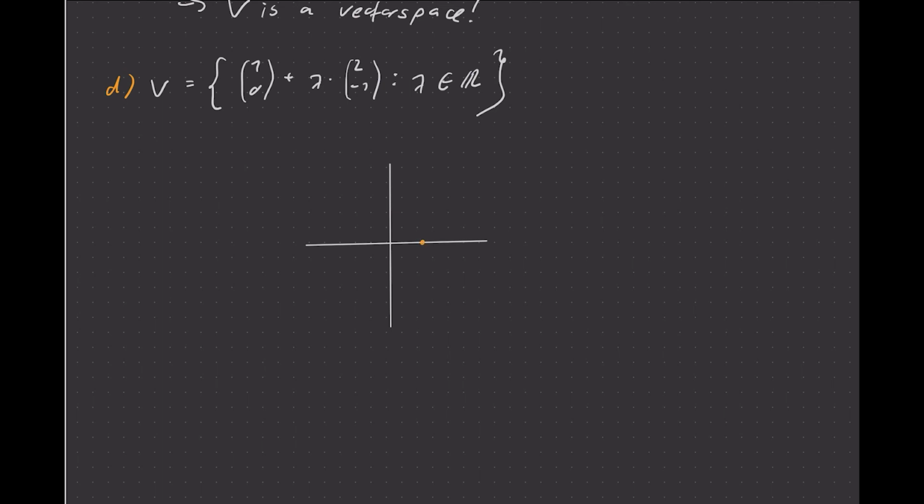And then again, we have this vector here that points in this direction, that way. So this is our vector (2, -1) plus (1, 0). Here's (1, 0). Here's (1, 0) plus (2, -1).